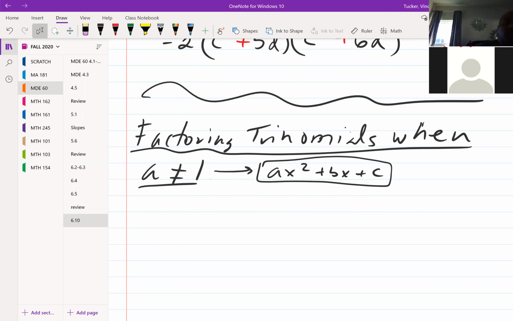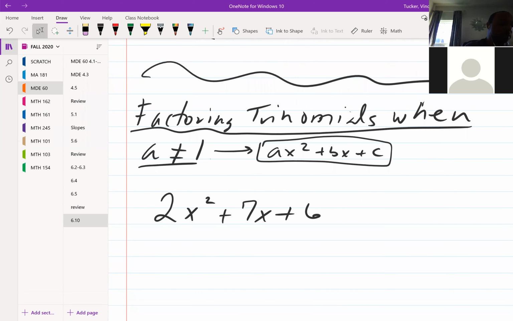So let's look at 2x squared plus 7x plus 6. All right. Now there are a couple different ways that you can go about factoring these trinomials.